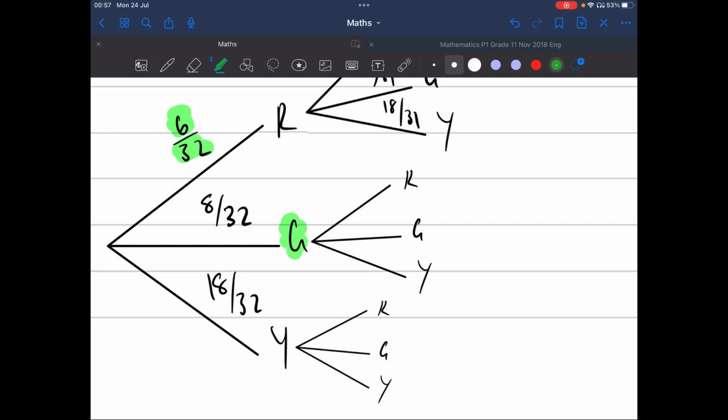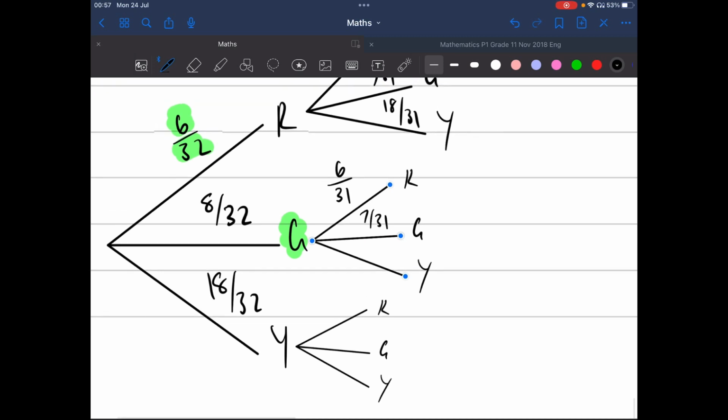Now let's say I picked green first. Now my probability of getting red is still my initial number of red balls, which is 6. So 6 over 31. And then green, now it's 1 less, so now it's 7 over 31. My yellow hasn't changed, still 18 over 31.